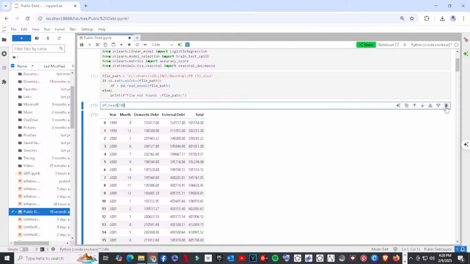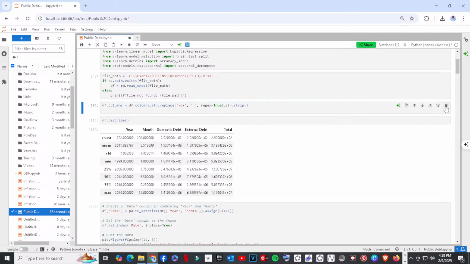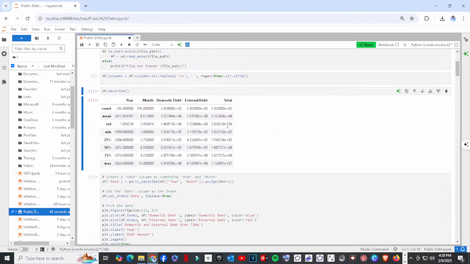So I just want to collapse that, so that the next thing I want to concentrate on briefly before I continue is this analysis here.